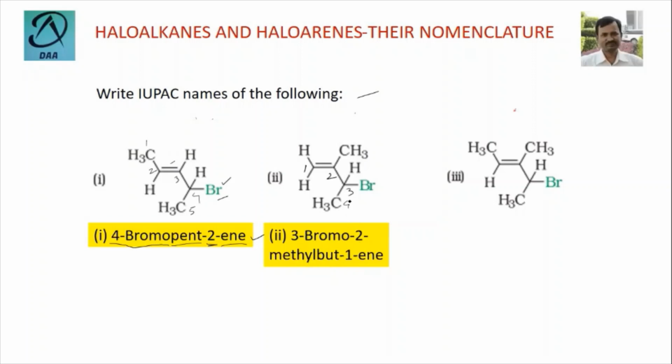Now there are 4 carbons, so it is butene, and for the position of the double bond, you have to write 1.